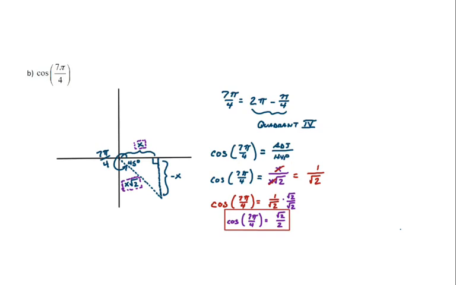And the denominator would become 2, because root 2 times root 2 is root 4, which is 2. So the cosine of 7 pi over 4 is root 2 over 2. So this is a way to find those exact values on a circle using right triangles. So 45, 45, 90, or a 30, 60, 90.